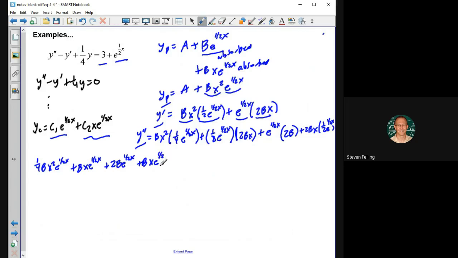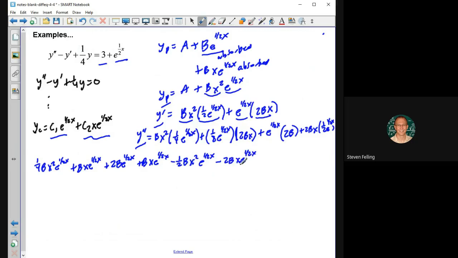Okay. There's y double prime. And then I have to subtract y prime, and y prime is this. So I'll subtract. So minus b. Let me go back there because it's minus 1/2 b x squared e to the 1/2 x. Okay, and then minus this term also. So minus 2b x e to the 1/2 x.